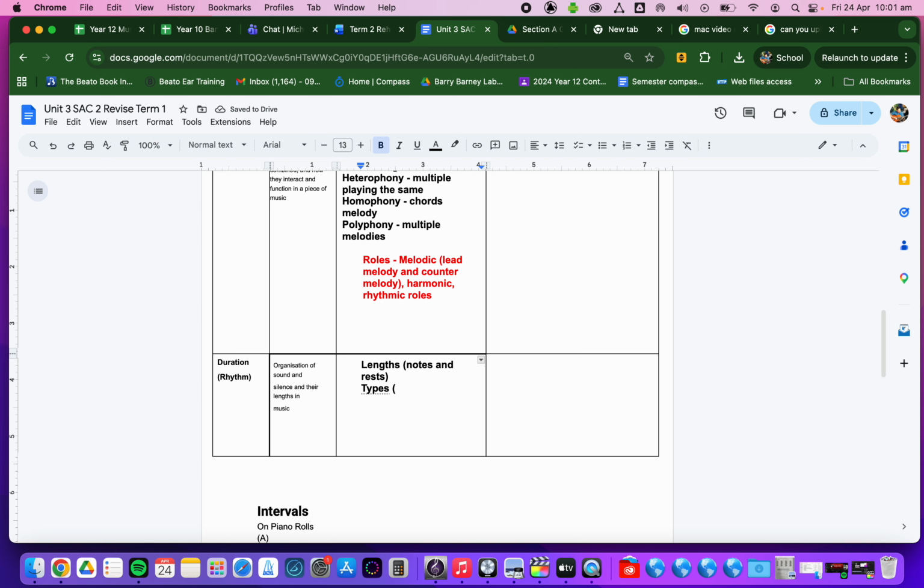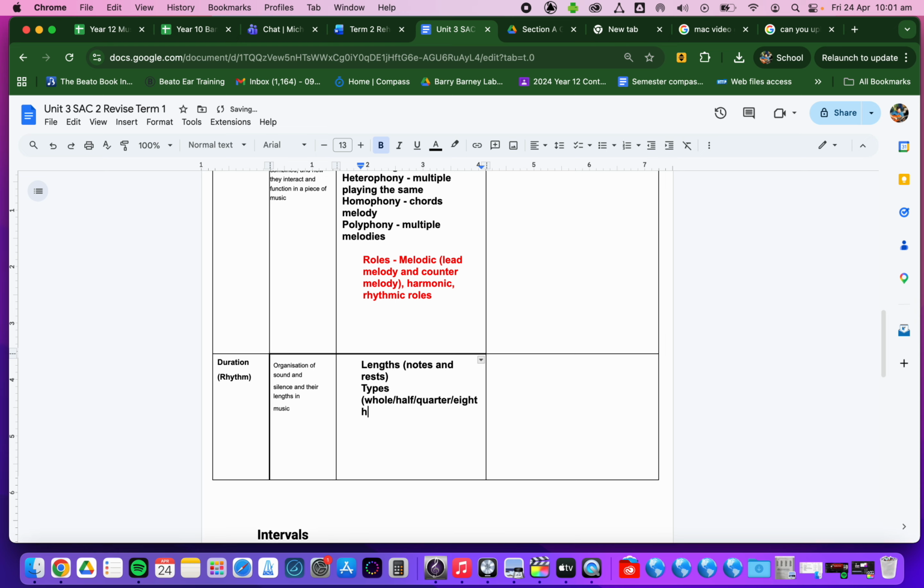You've got your whole, half, quarter, eighth, 16th, etc. Dotted notes, dotted and tied notes, if you can speak about those, shows extra understanding.